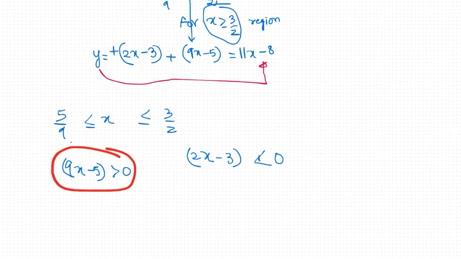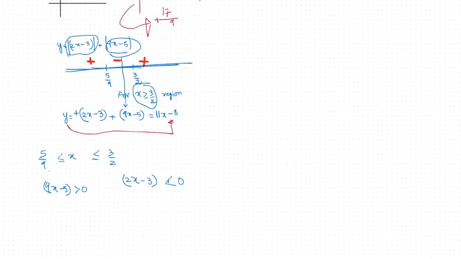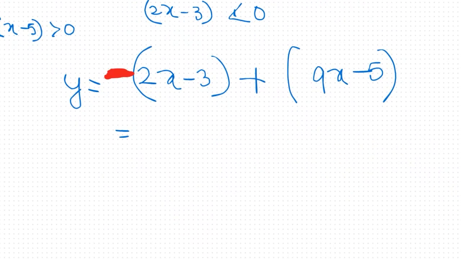So if 9x minus 5 is positive, this graph opens up like this. 2x minus 3 is negative. Absolute value will be opening up as negative sign like this. And then 9x minus 5 is positive. So positive of 9x minus 5. Like that. So the answer is minus 2x plus 3 plus 9x minus 5.